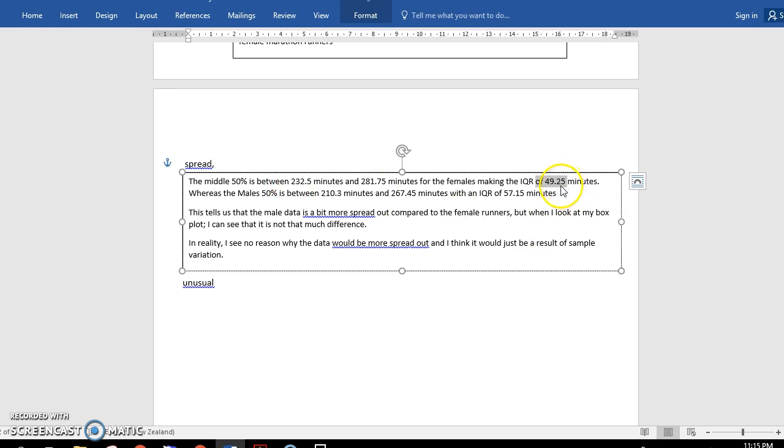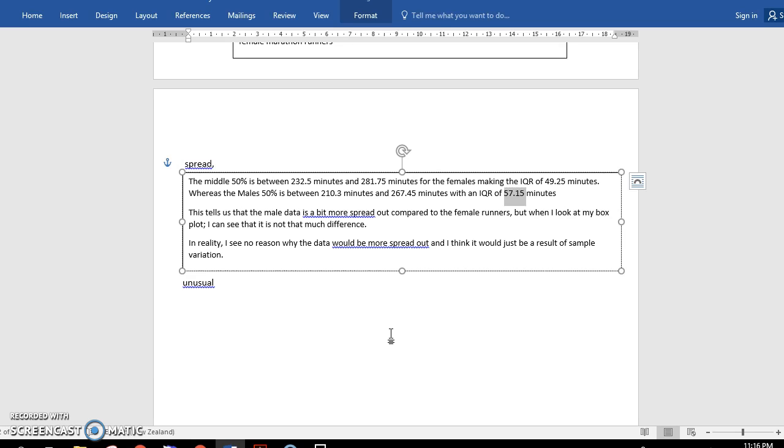You can see that's a little bit smaller than this, which means the male data is more spread out than the female runners. But when I look at my box plot, I can see there's not much difference between those two numbers, maybe about 10%, a bit more. In reality, I see no reason why the data would be more spread out. I think it would be just a result of sample variation.